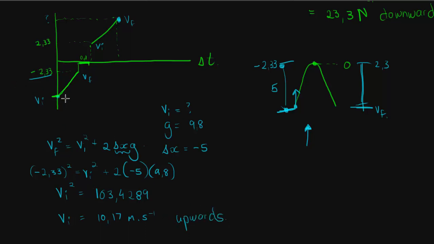Okay, so this would be 10,17. That would be the value there. Oh, negative 10,17, and up here it would be positive 10,17. And that is it. All I need to do is put in here, this is velocity in meters per second.